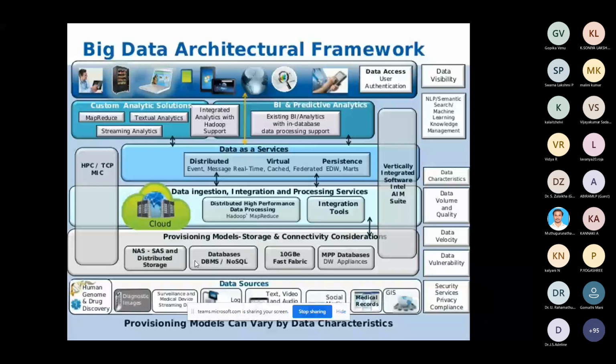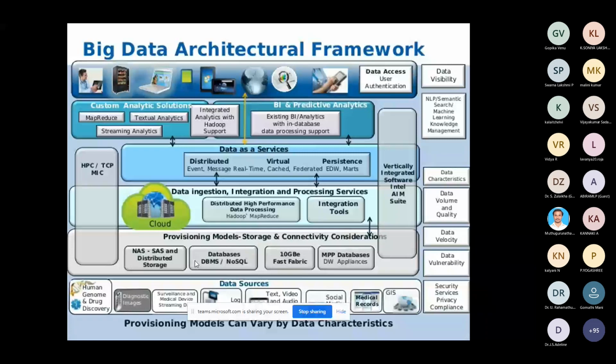So you have to think about what kind of data storage you are supposed to use. For example, we may use some distributed storage medium, or a database, or a NoSQL database, or a fast fabric database, or even data warehouses. So where are you going to store this data? A provisioning model should be there, which gets data from different sources.